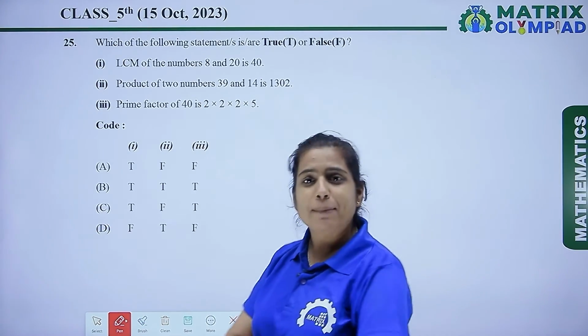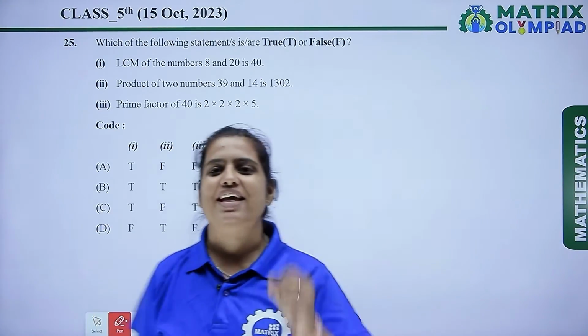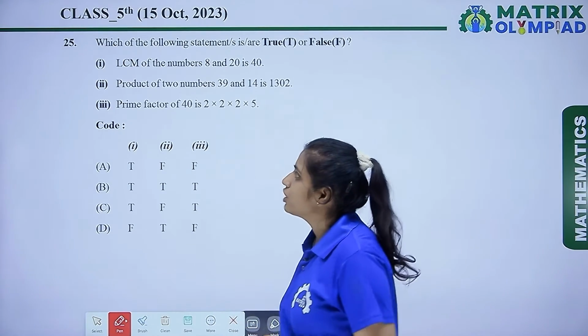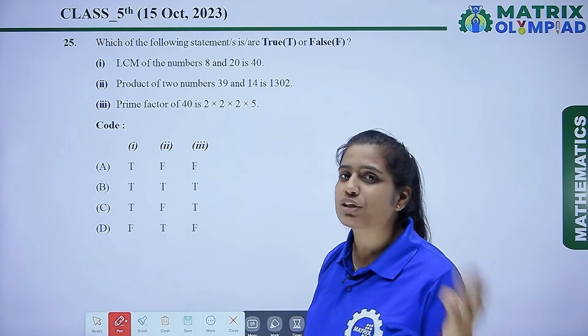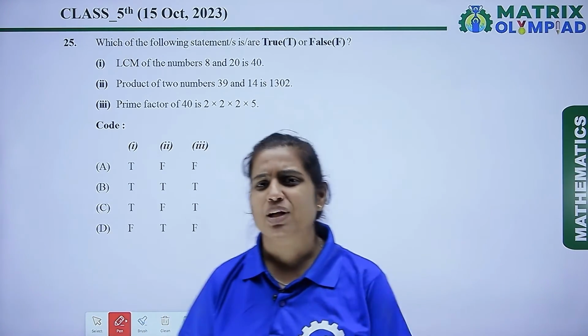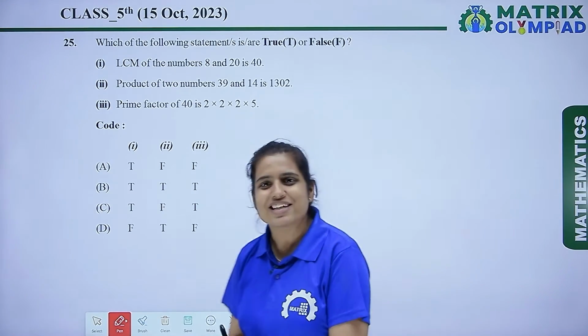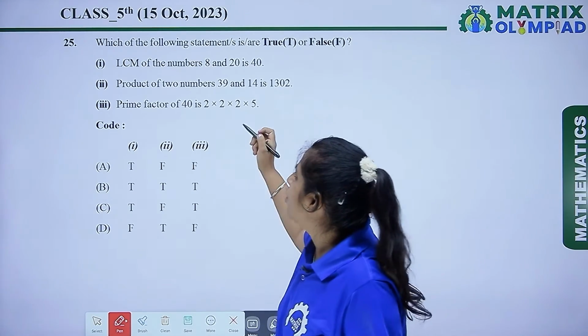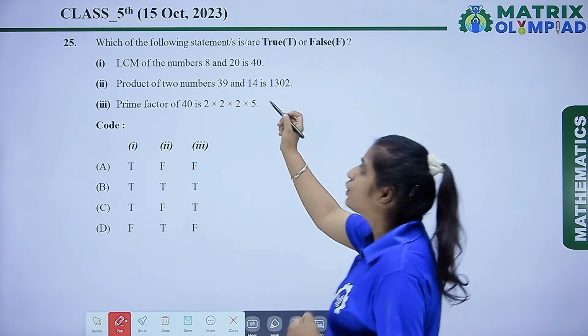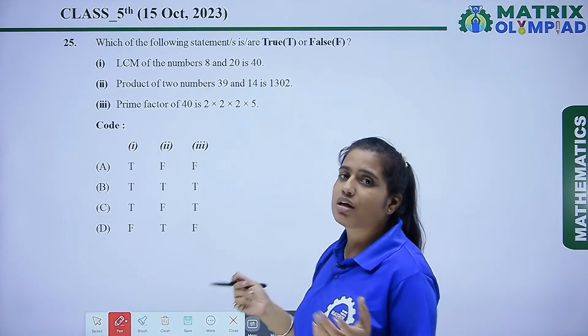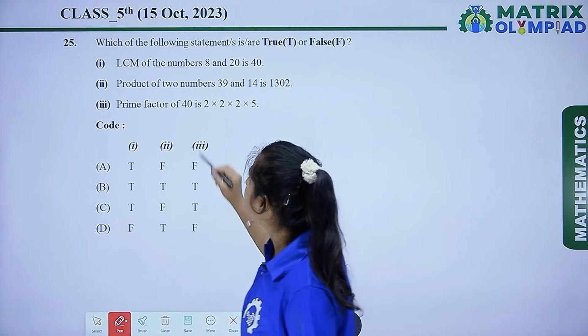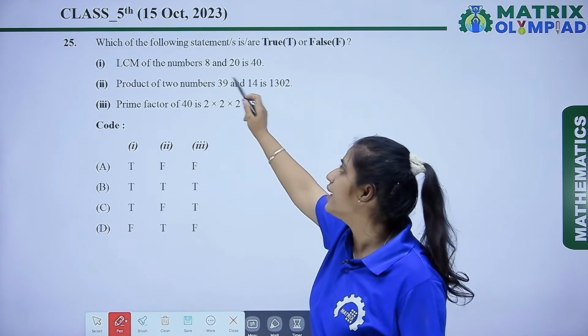Now question number 25. Question number 25 is again a true false question. आपको बताना है 3 स्टेटमेंट में से कौन सी ट्रू है कौन सी फॉल्स है. सबसे सिंपल क्वेश्चन. तो यहाँ पर पहली स्टेटमेंट आपके पास है LCM of the numbers 8 and 20 is 40. तो आपके पास LCM है 40 किसका? 8 and 20 का.